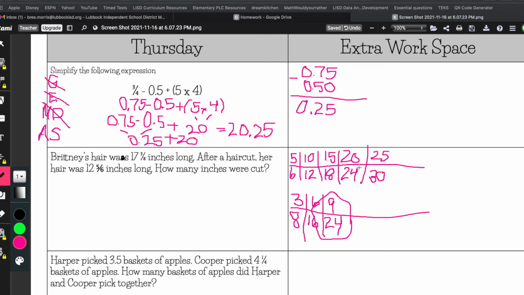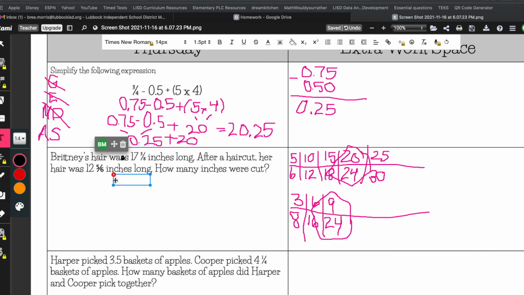Okay, rewrite your problem. I gotta type it because it's making me crazy to see it like that. So our new problem is 17 and 9/24 minus 12 and 20/24.